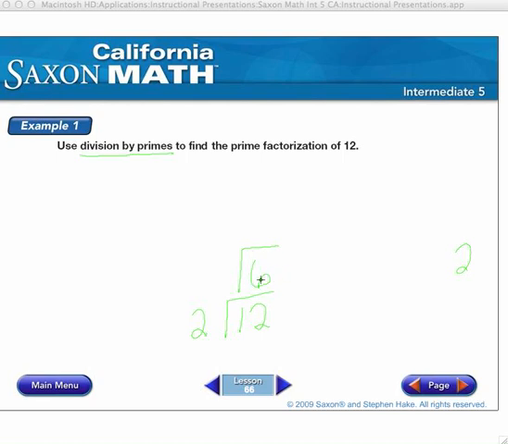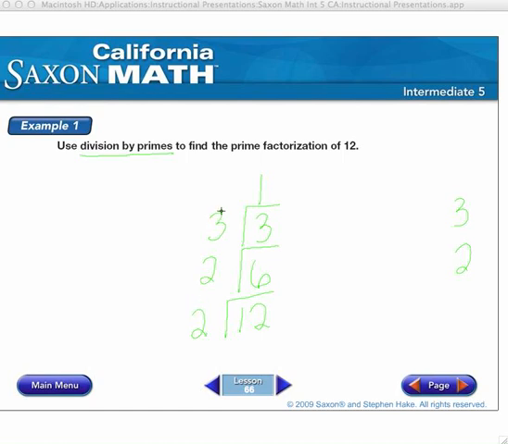Since 6 is even, 2 is its smallest prime. So 6 divided by 2 equals 3. Even though 3 is prime, I'm going to keep going until my quotient, or my answer, is 1. So I'm going to divide 3 by its smallest prime. It's not even, so 2 isn't its smallest prime. 3 is its smallest prime. So 3 divided by 3 equals 1. Now that my quotient is 1, I can stop.